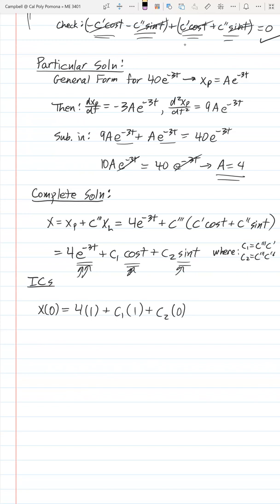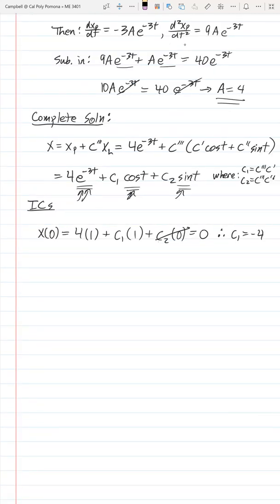And remember that we have 0 initial conditions, so that whole thing is equal to 0. Well, this guy is 0, so we don't have to worry about that. So we just take the 4 over to the other side, get -4, and of course that's equal to C1, so we can essentially by inspection identify that C1 is equal to -4.